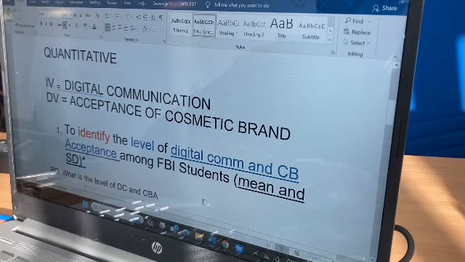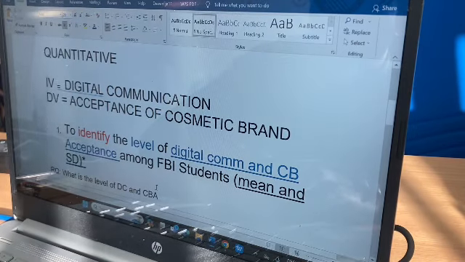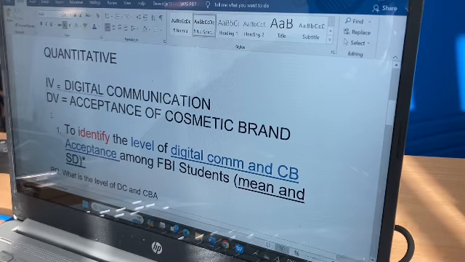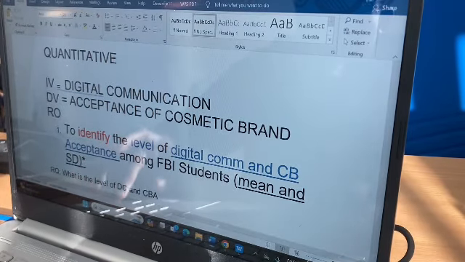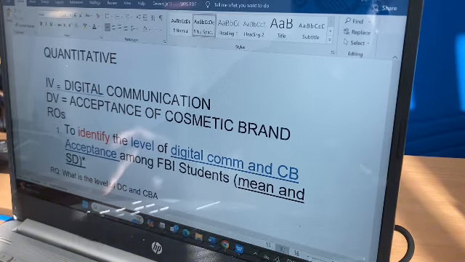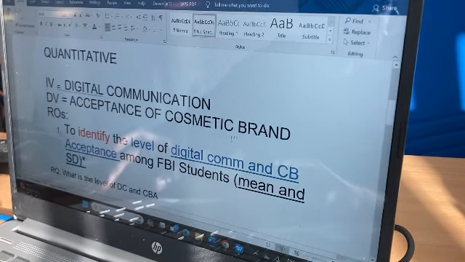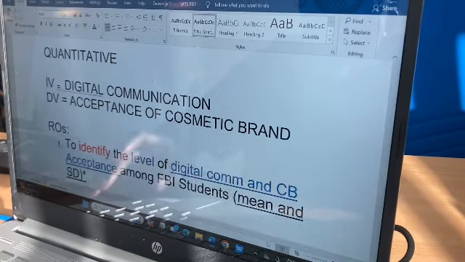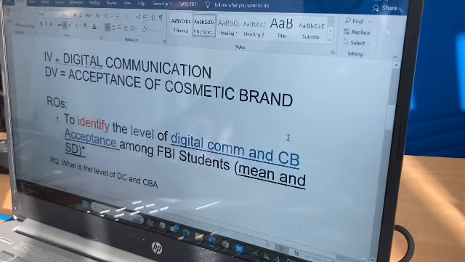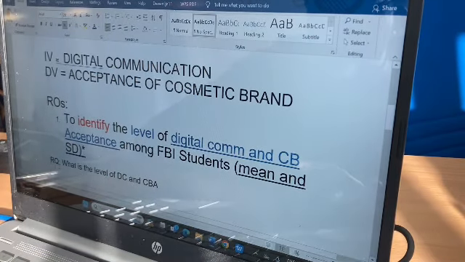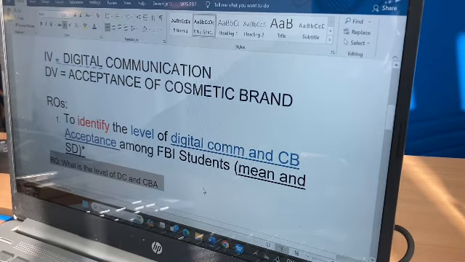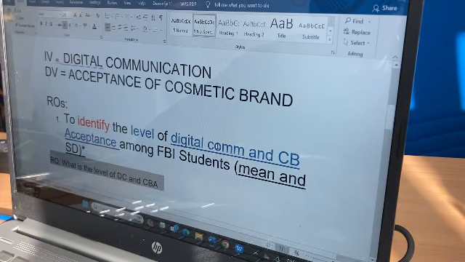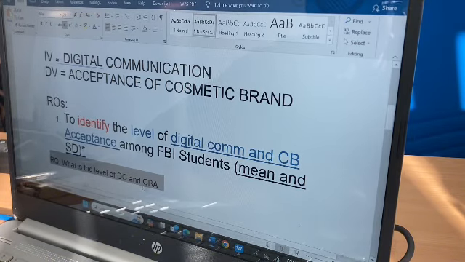Before we move on, normally after the research objectives, the ROs, the next will be what? Research what? Question. Research question. For example, what is the level of digital communication and CBA?